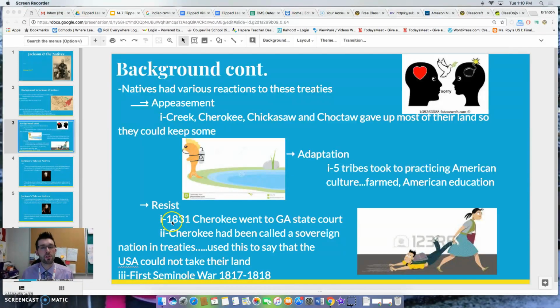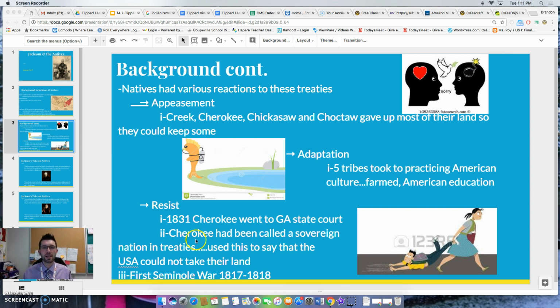Another group that resisted these American settlers trying to get their land was the Cherokee. In 1831, the Cherokee went to the Georgia State Court, and their argument was this. The whites had a law that people who were white had to have a license to be in native land. So whites just can't come to our land and take it.